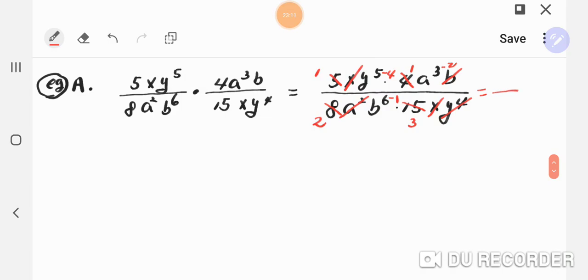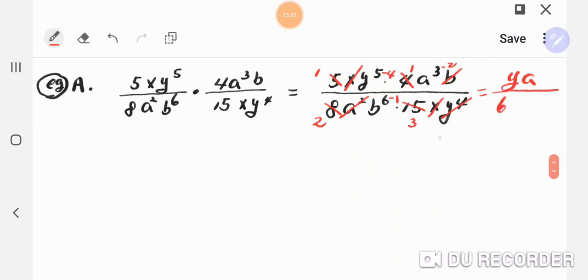So the leftover in the numerator is, I'm sorry, 5 minus 4 is 1, so 1 y left over. And then a to the 3 minus 2 is a. And the denominator is 2 times 3 is 6.